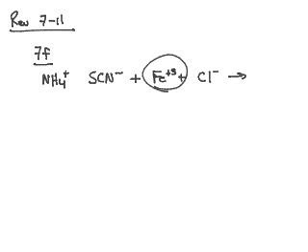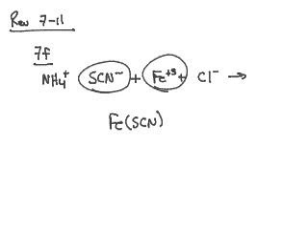Remember, iron likes to do complexation, and thiocyanate does as well. So you're going to say Fe(SCN), what's the number? 6. And it'll be 3 minus. The ammonium and the chloride cancel out. You'll need to put a 6 in front of thiocyanate.